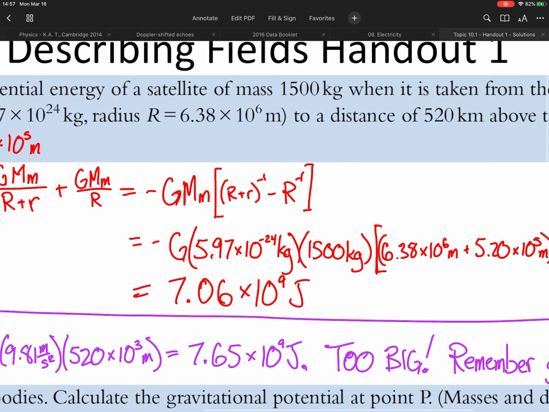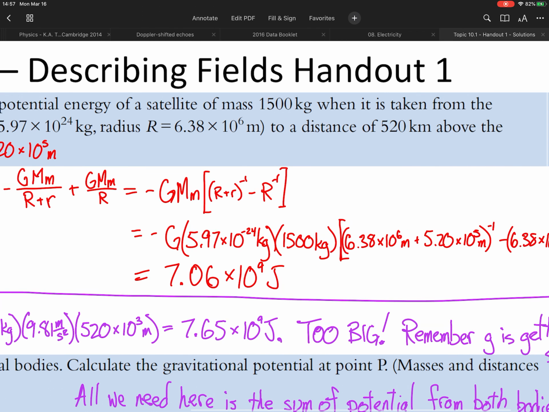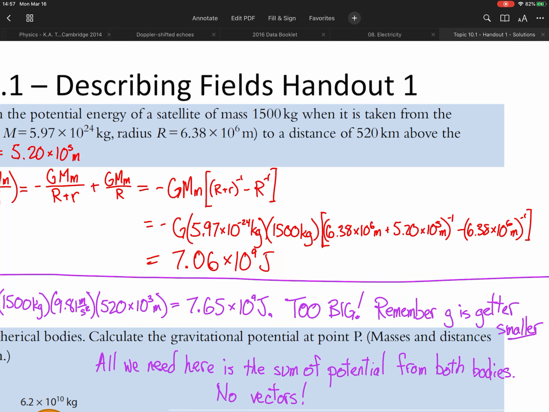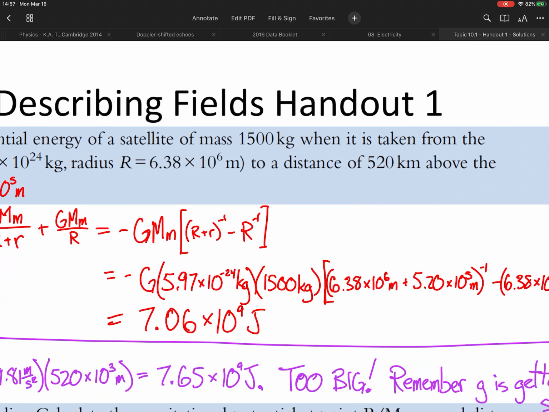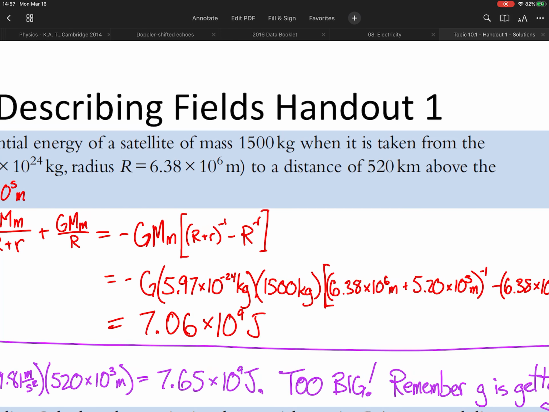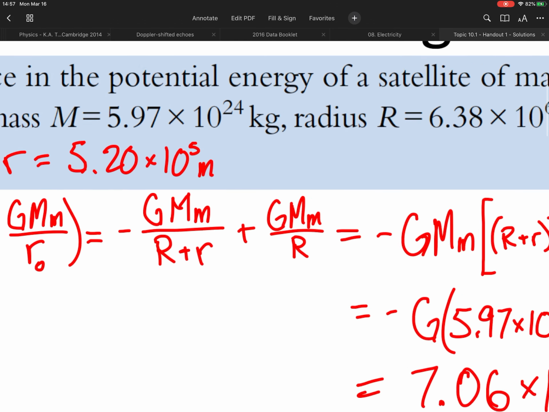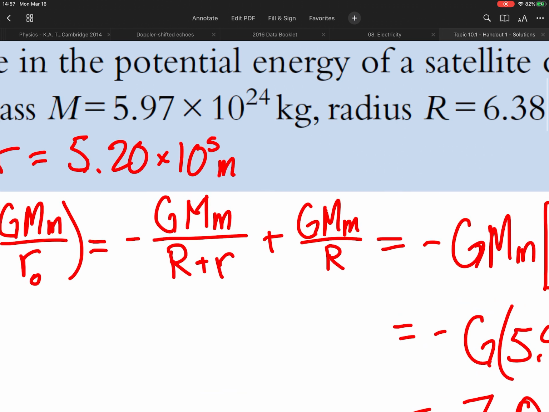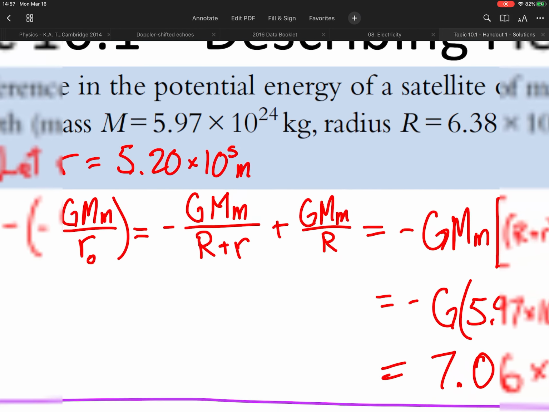Just for the sake of saving some space, I've done the entire calculation all at once, but you don't have to do this. In fact, there may be some advantages to not doing your calculation all at once. So don't feel obligated to do it just because I did it that way. We could just calculate these two values separately and then put them all together.